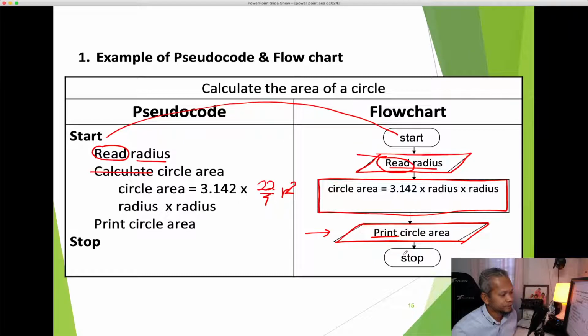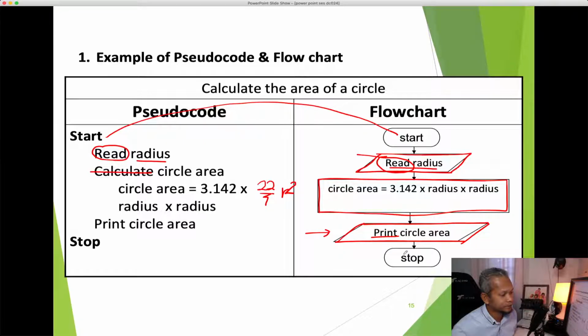Terminal is meant to represent the beginning or start, or end or stop, of the problem solving process. And then this parallelogram represents input or output.